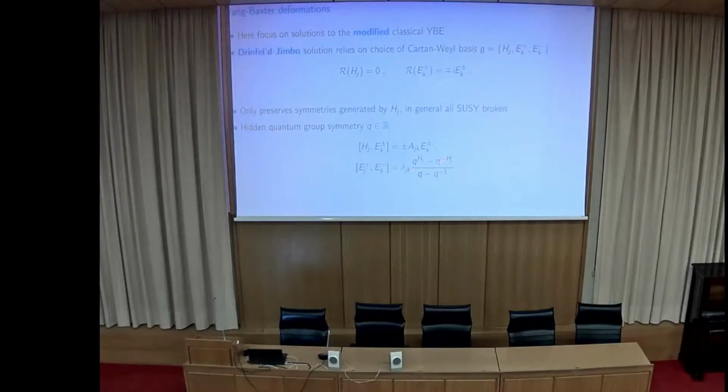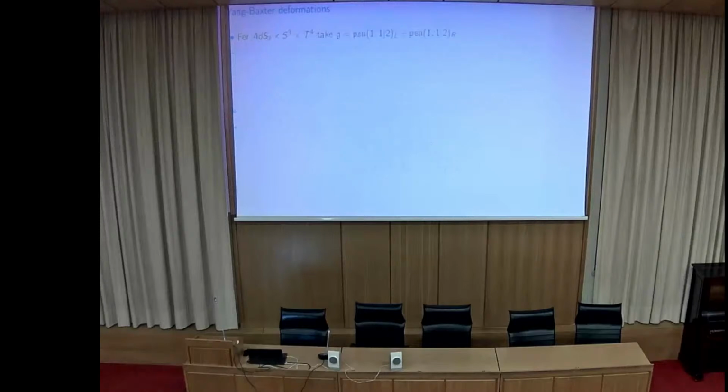Instead of having just a Cartan element on the right-hand side, you have some combination that involves this parameter Q. For this type of deformation, this inhomogeneous Yang-Baxter deformation, this Q is real, and it's related to the deformation parameter eta in the action.